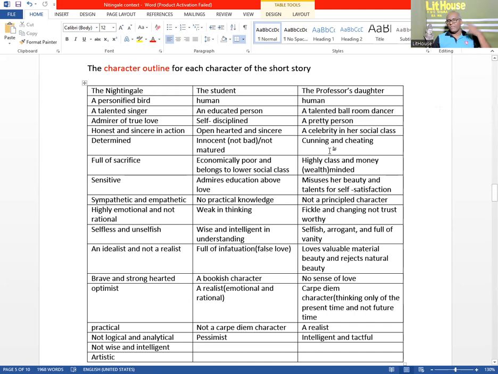But many of her internal qualities are not appreciable. They are really negative, not good. And cunning and cheating, you see, she's cunning. That does not mean all girls are cunning. There are cunning girls, cunning boys, both types are there.